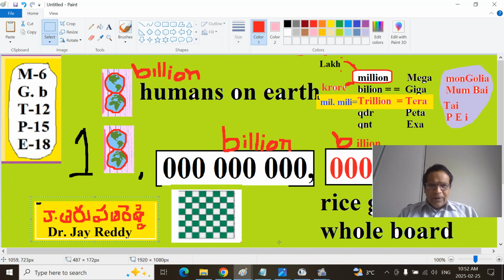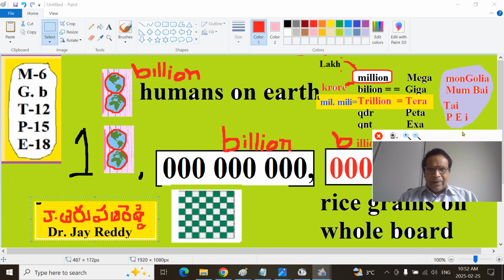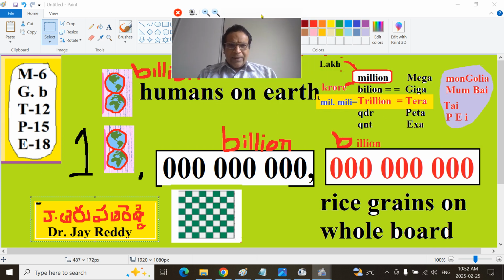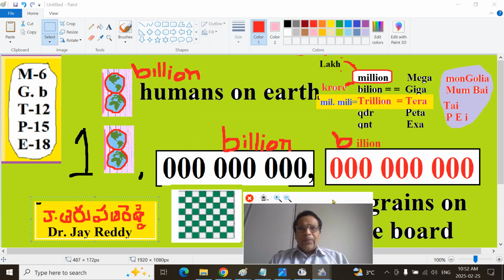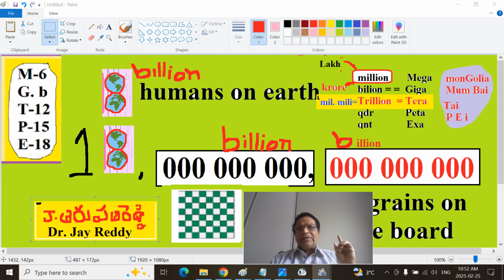Before that, you should have a broader idea of what is a million, a billion, a trillion, a quadrillion, a quintillion. These are the standard dictionary numbers. The metric system is mega, giga, tera, peta, exa. Million means mega, billion means giga. That means million has 6 zeros, billion has 9, trillion is very easy to remember, 12.